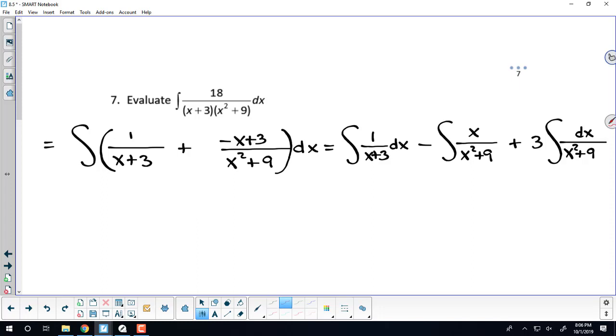The middle one, then, if we had a 2 up here, we need this 1/2 out here. So that's now in log form as well.